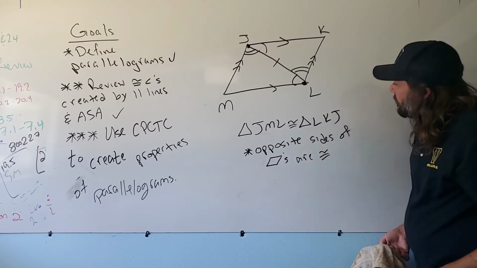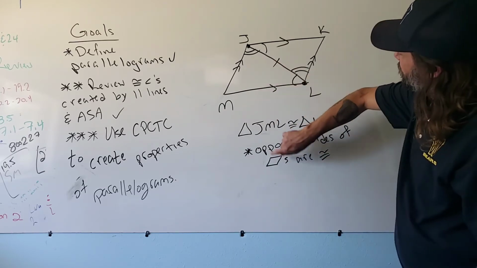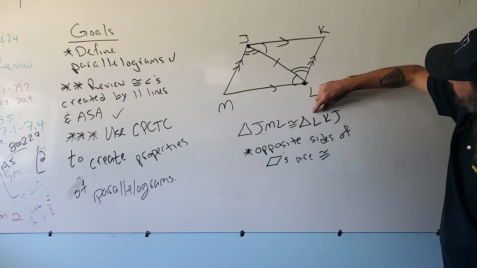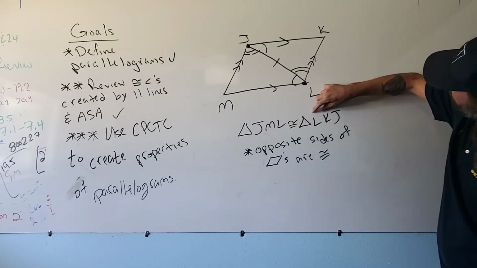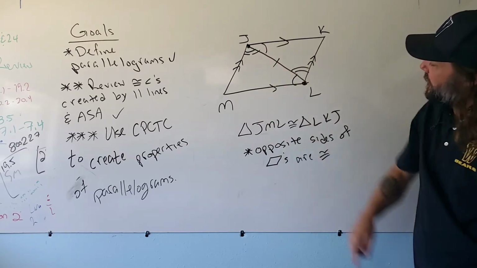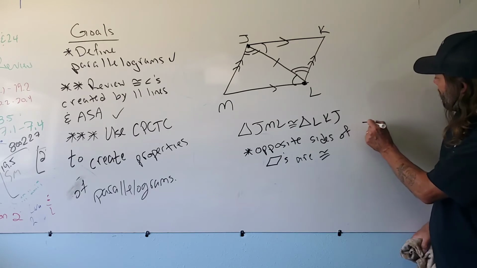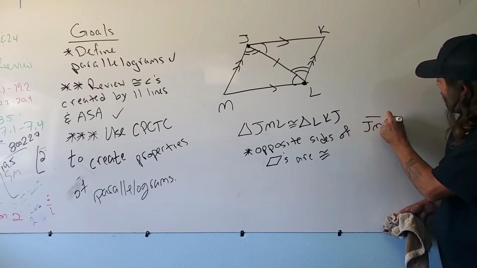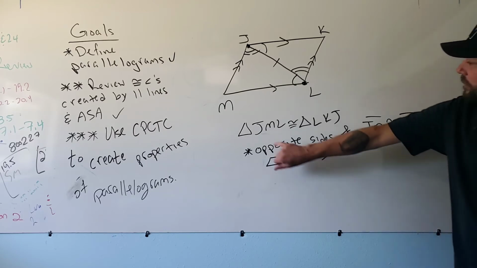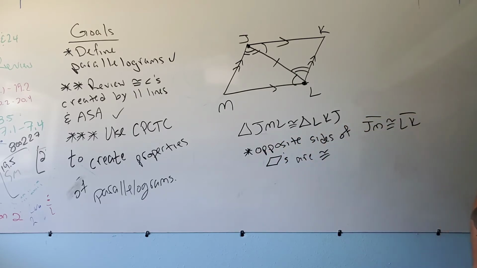And this is going to be true because of corresponding parts of congruent triangles. So remember, JM, the first two letters, is going to be the same as the first two letters of the other triangle, LK. So I know that JM is congruent to LK. And this is true because they're corresponding parts of congruent triangles, right?